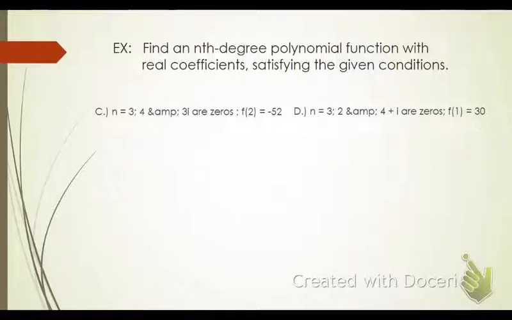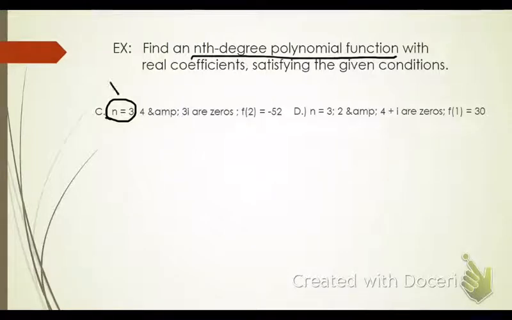All right, now let's look at the next set of directions because the directions are changing a little bit here. We want to find the nth degree polynomial function with real coefficients that satisfy the given condition. Well, first of all, the nth degree polynomial function, in your given information, I'm telling you what n is.